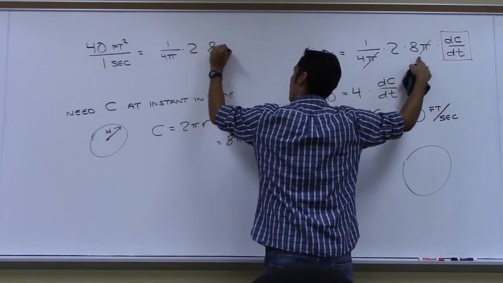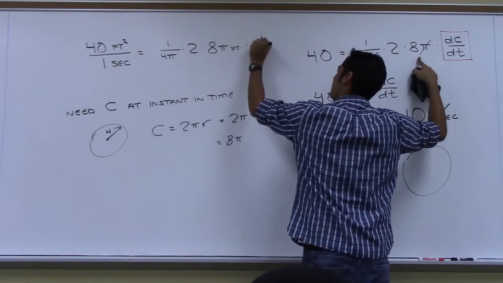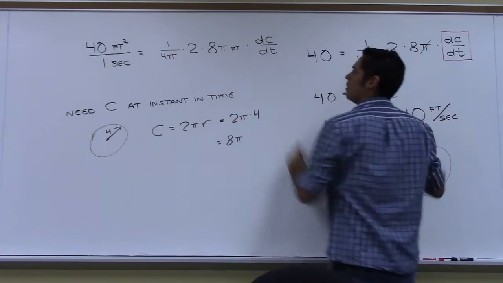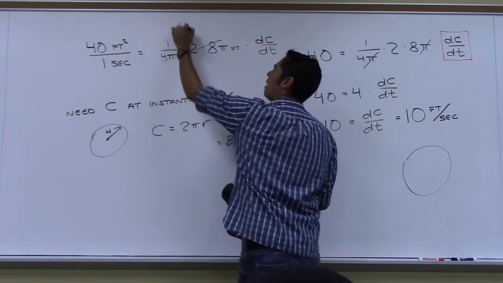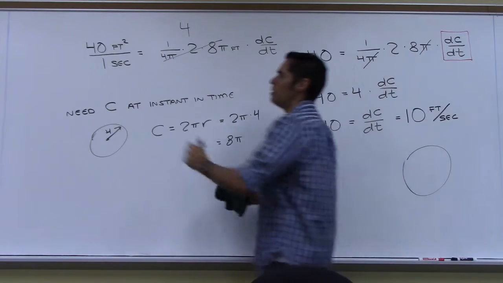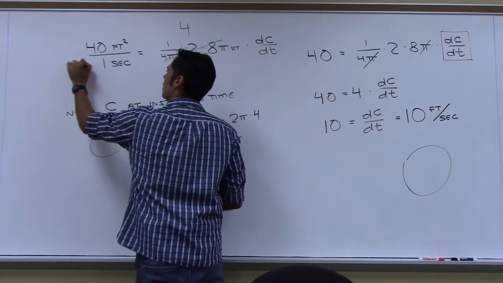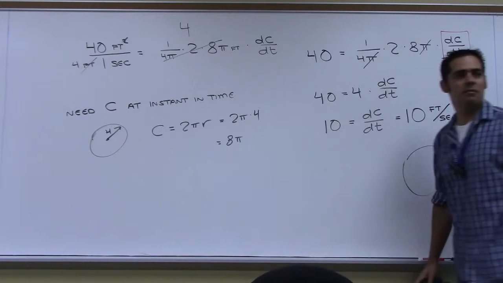So 8 pi feet, right? And then times dc/dt. So this whole thing becomes a 4, right? And you divide both sides by 4 feet. When you divide this side by 4 feet, one of the feet cancels and you get the 10 feet per second.